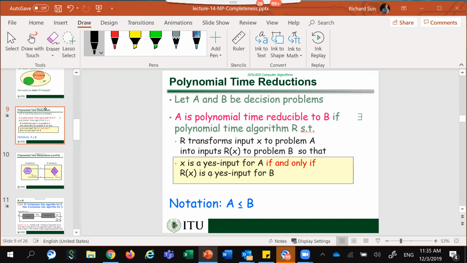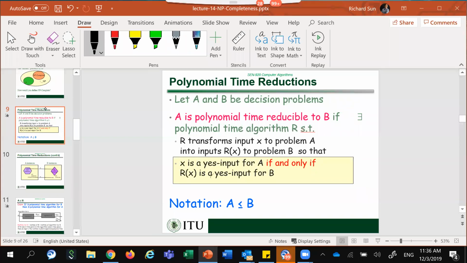If such a transformation R exists, this R has to be polynomial time. If this polynomial time algorithm R can transform a problem instance from A to a problem instance in B such that their decision answers are the same, then we call A polynomial time reducible to B. Meaning you can transform any problem instance X in A to a problem instance in B in polynomial time, so that their solution space is preserved.